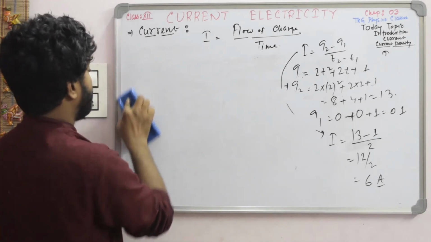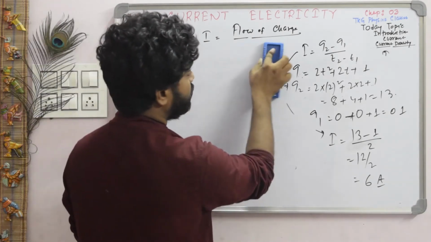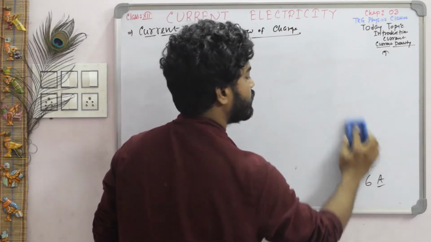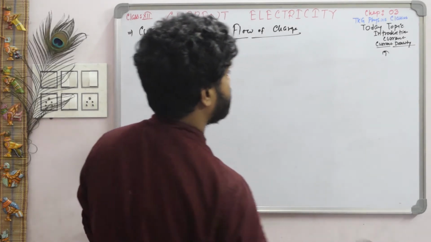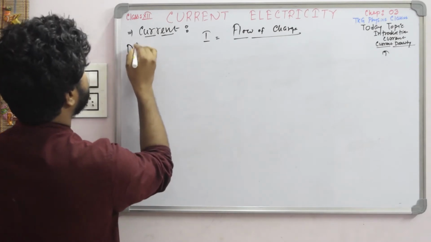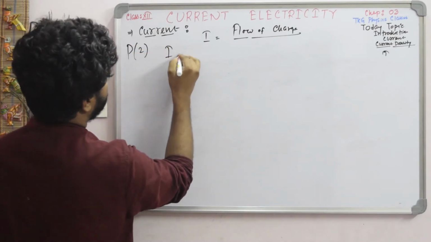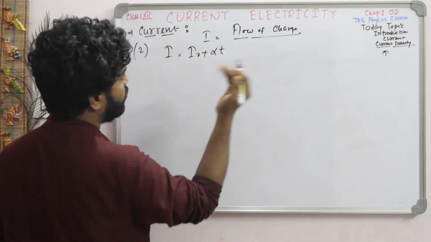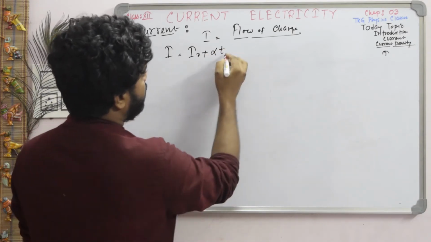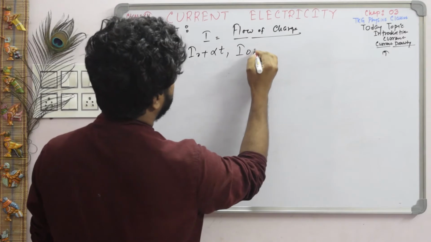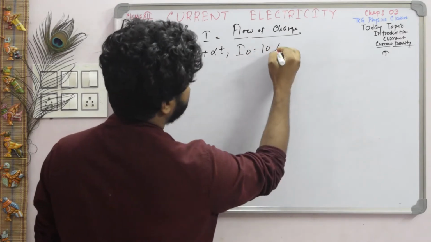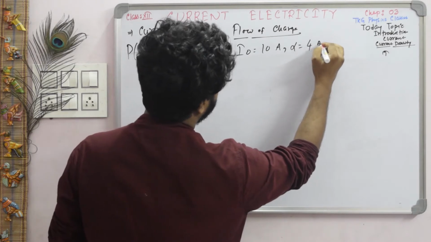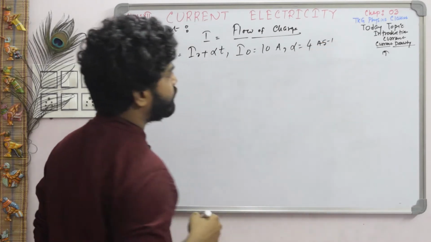Suppose the current passing through a conducting wire depends upon time according to this relation. Here I naught is given as 10 ampere, and alpha is given as 4 ampere per second.